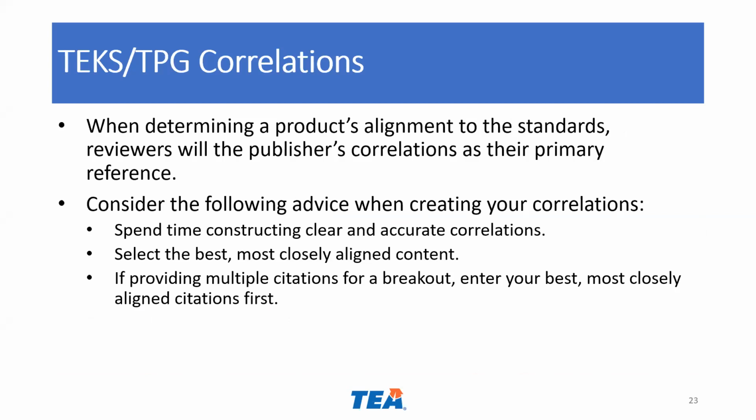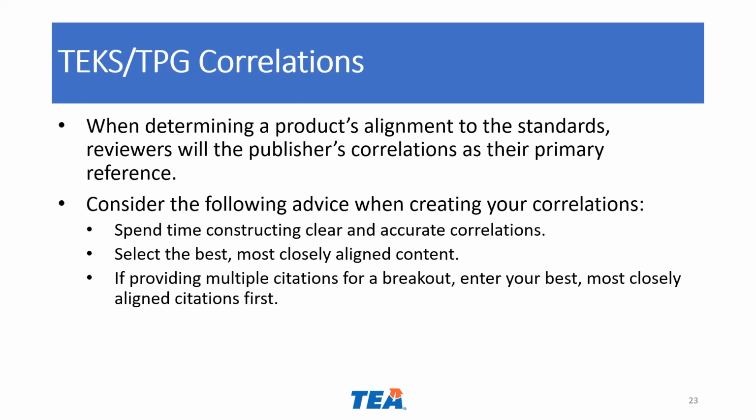The reviewers use the correlations you provide as a roadmap when they're determining the product's alignment to the standards. So it's very important that you take your time and follow the instructions that we provide when you're completing the correlation document. You shouldn't rush through it. Instead, take your time and make sure that your citations are easy to understand and accurate.